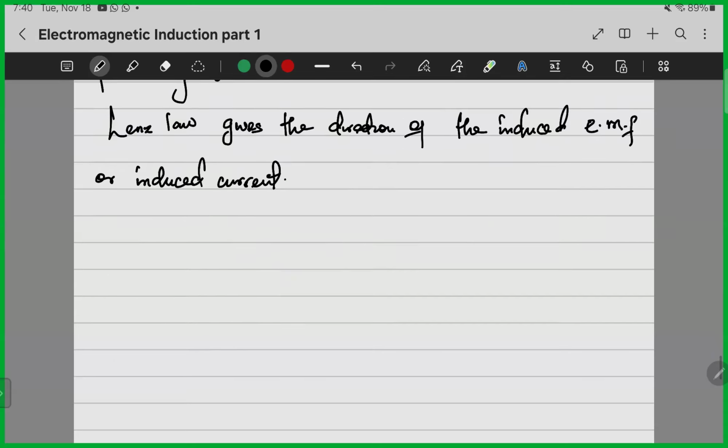I'm going to now talk about an induction coil.